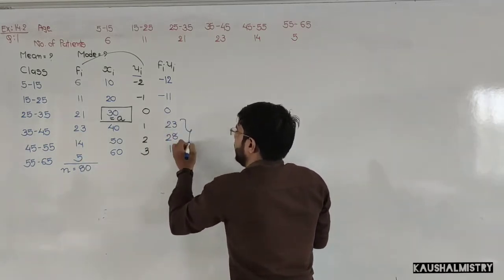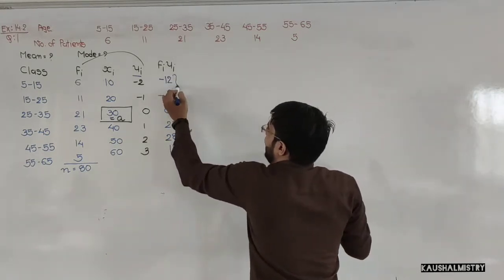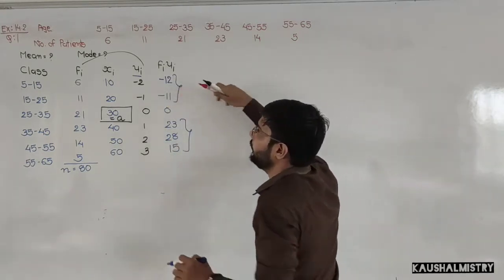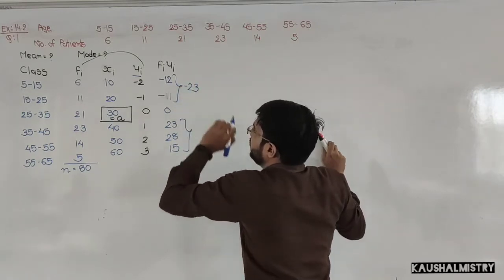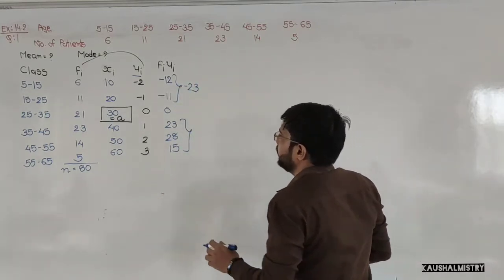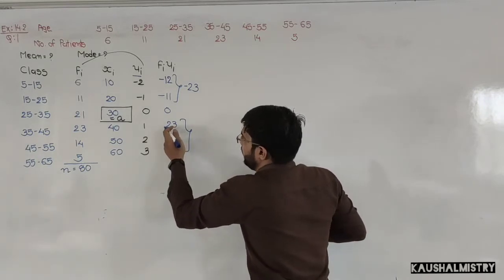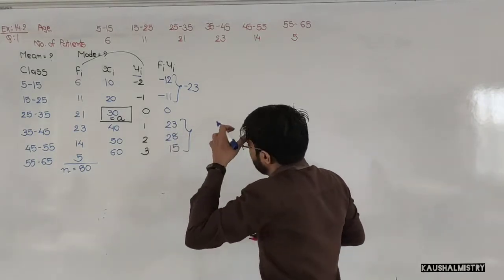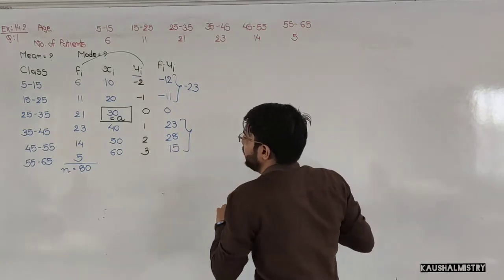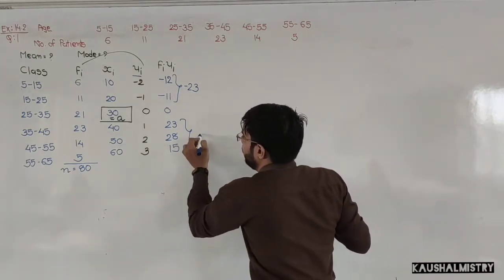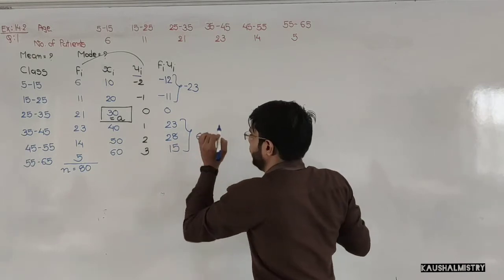So we have to take the total of this and this. So 12 plus 11, that is equal to -23, and here this will be 23 plus 28, that is equal to 51. 51 plus 15, that is equal to 66.